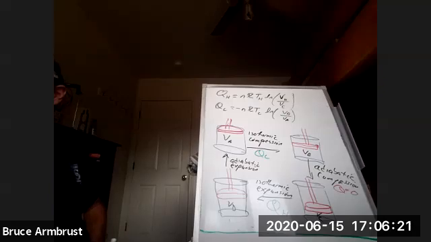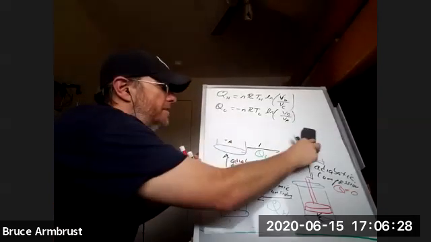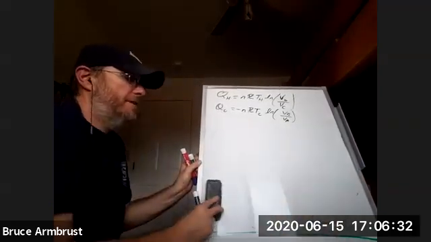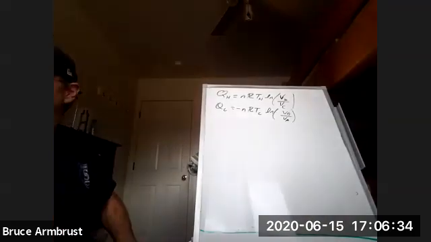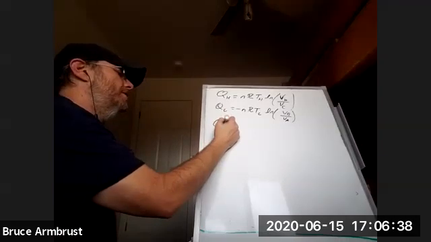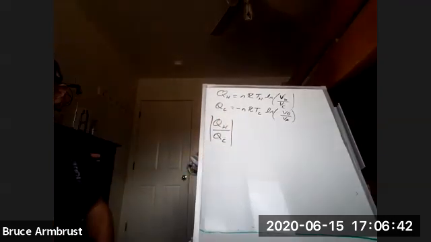So what I really want to do is look at the ratio of those, because it's the ratio of those that gives me efficiency. Remember, it's 1 minus that. So let's look at QH over QC, and specifically, let's look at the absolute values of those.